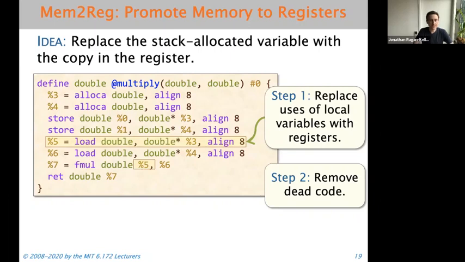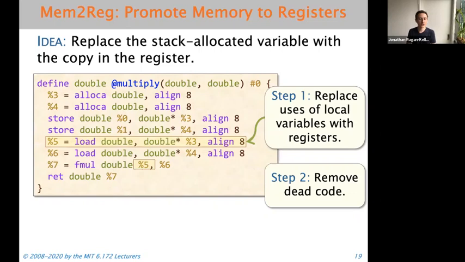The basic idea is often done by the memory to register pass in LLVM. You'll see references to mem to reg. That's this core optimization that we have in step 1 here.